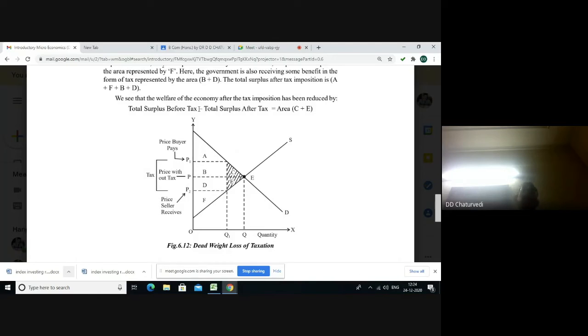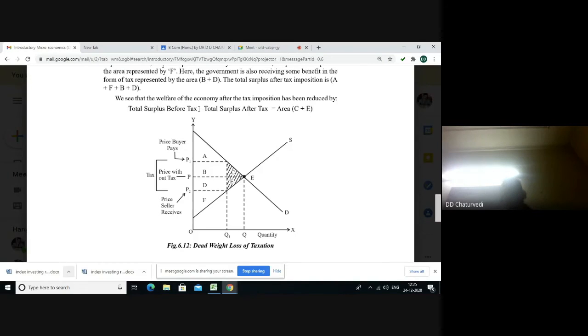Areas A plus B will indicate consumer surplus after imposition of the tax. Area D plus F will show the producer surplus after the imposition of the tax.